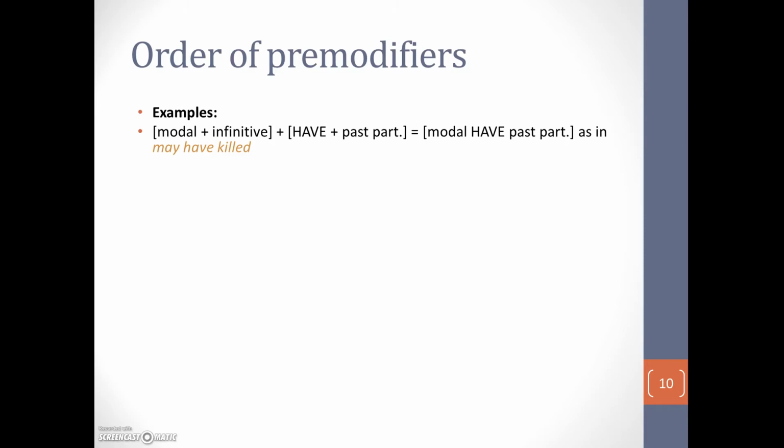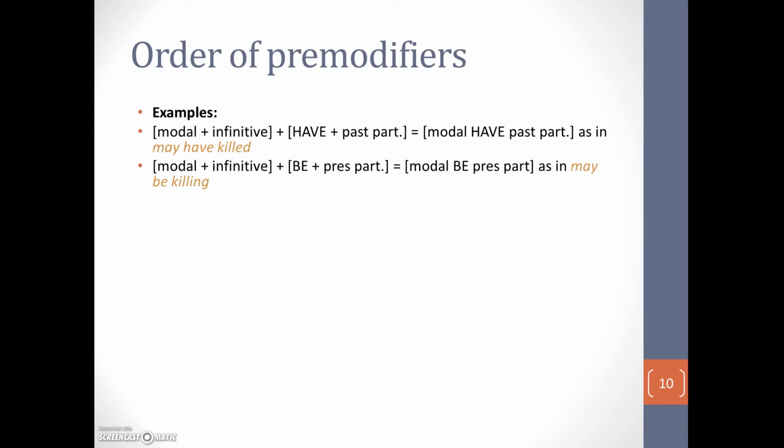Okay, so that's have. And then whatever comes after have must be in the past participle form. So that's the main verb, which is kill in this instance, and the past participle of kill is killed, all right, with the -ed ending. So that means that we get the construction may have killed.